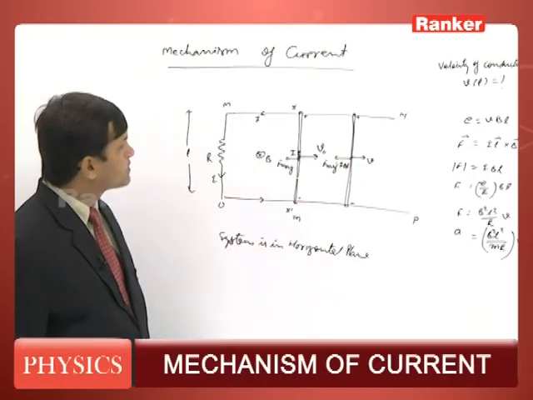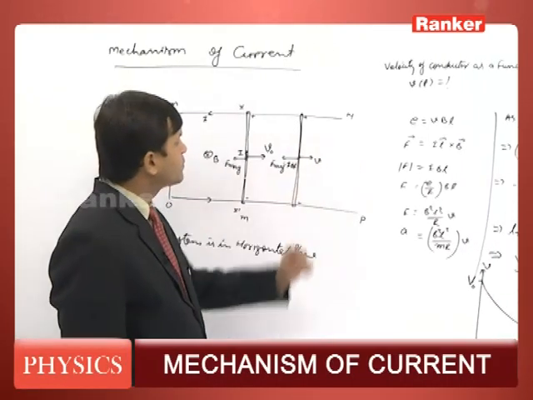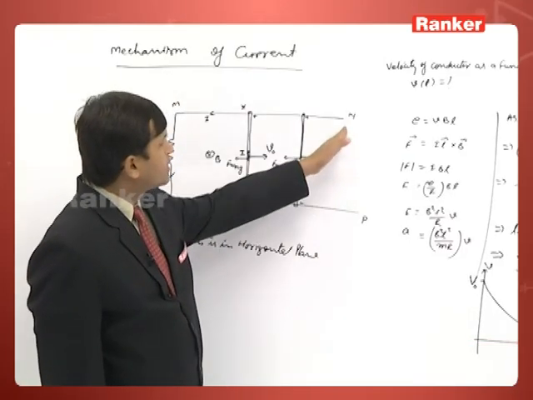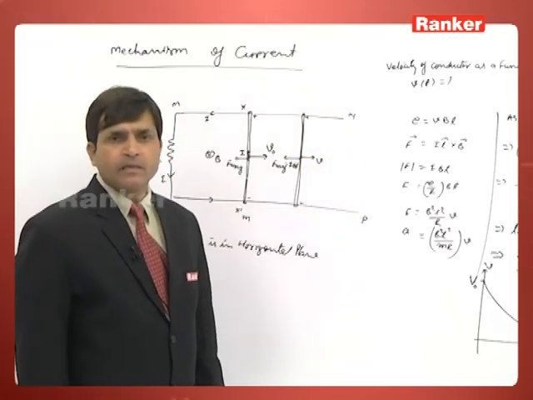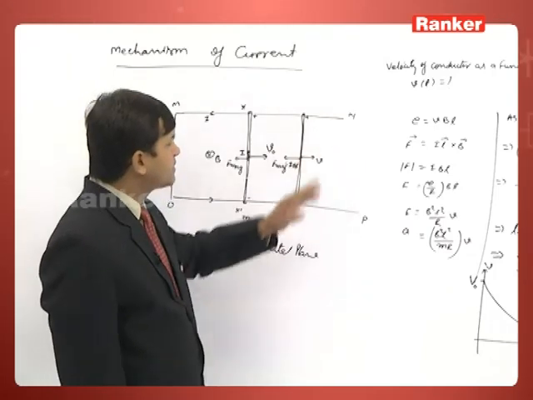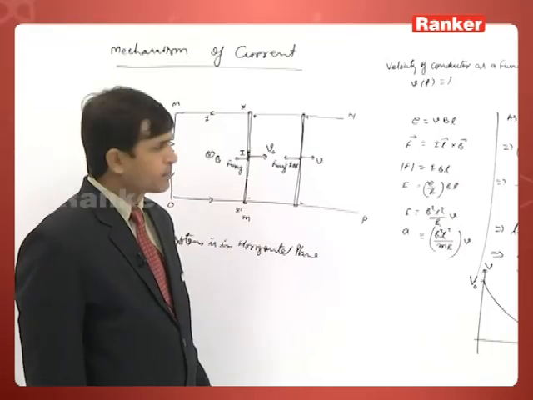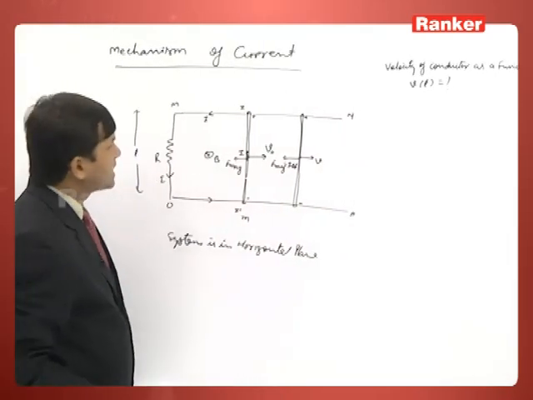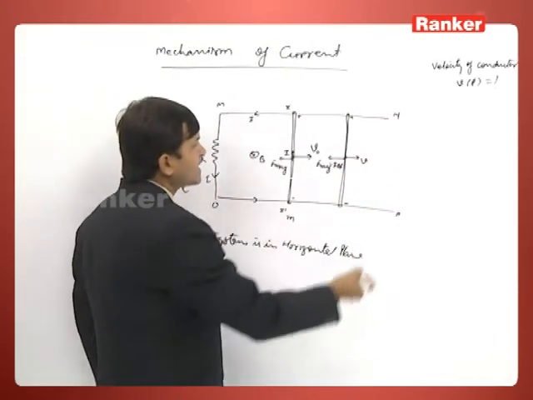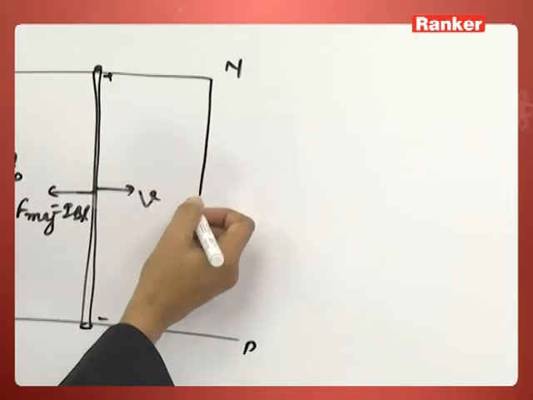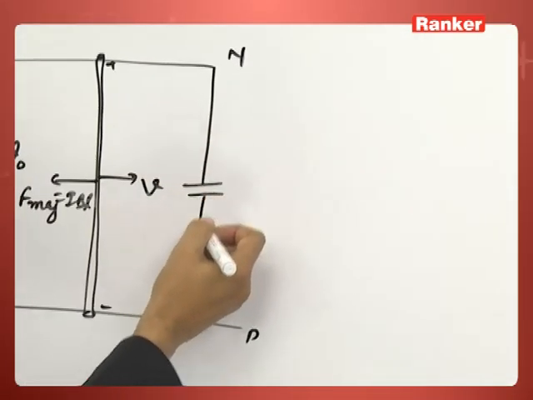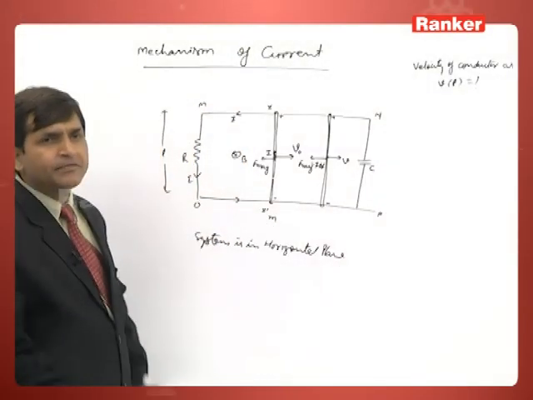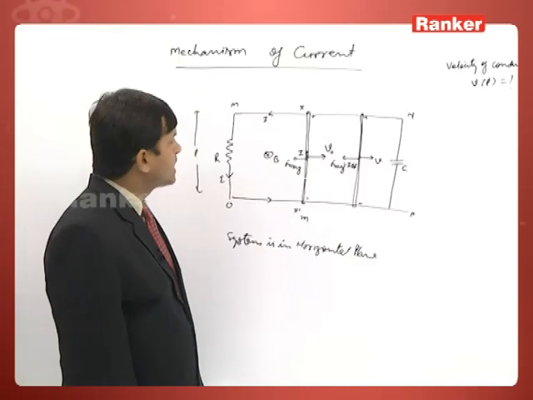See, for example, suppose in the same question, what can be done: let the other end of the rails also be joined, and this time these are joined with a capacitor. Now the question is, if the other end of the rail is joined with a capacitor of capacitance C, then how do we get the relation?